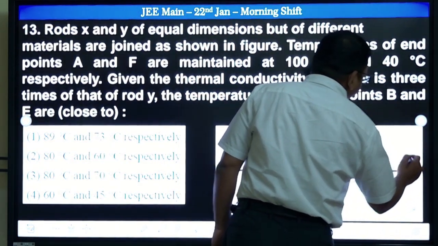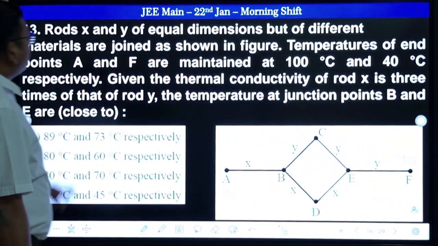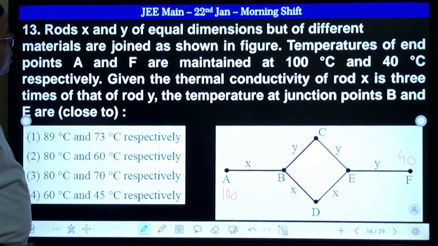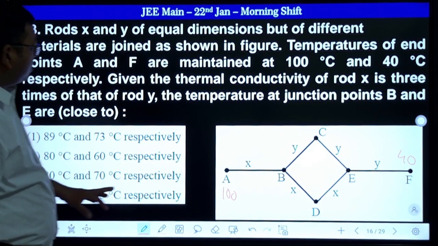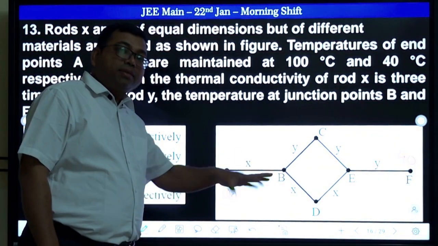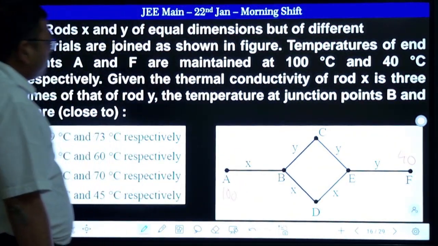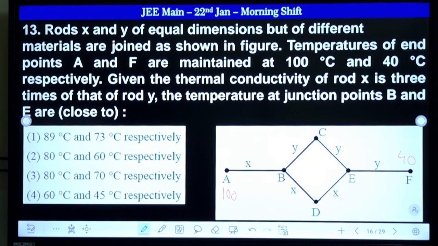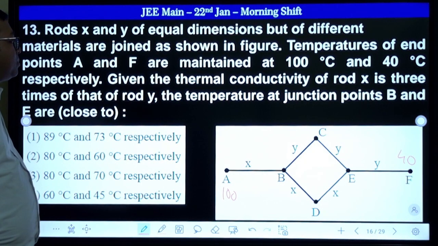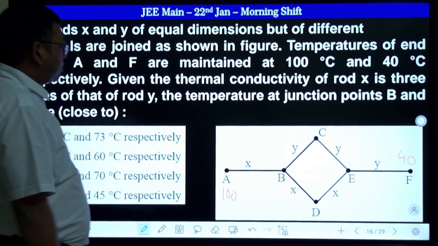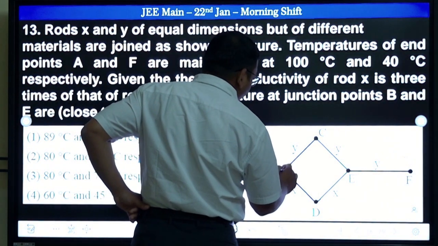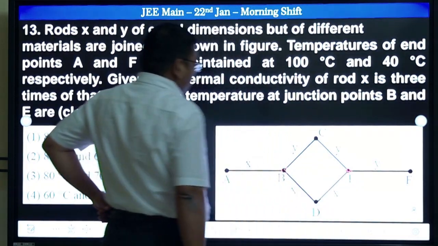This is 40 degrees Celsius. Then given that the thermal conductivity of rod X is 3 times that of Y. We have to calculate the temperature at the junction points B and E.